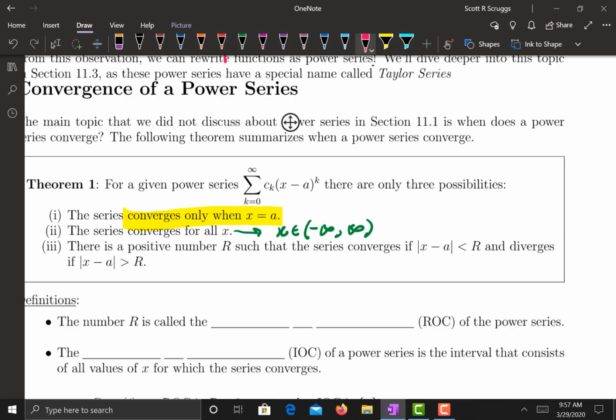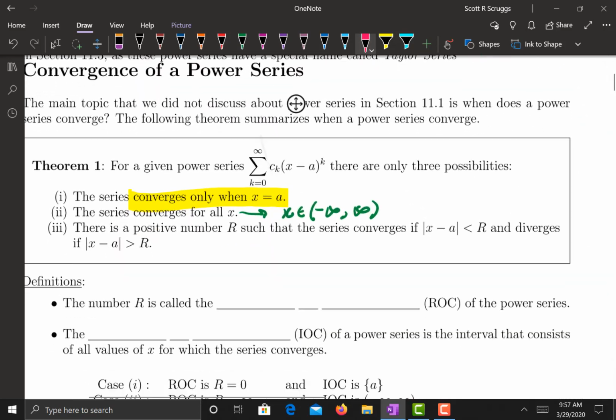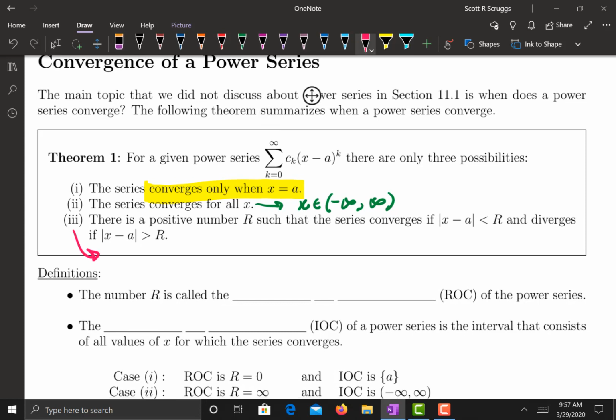So let's go with the most common way to show convergence, which is number 3: there is a positive number r such that the series converges if the distance between x and the value a that I'm centering my power series at is less than r, and it diverges if it's greater than r.